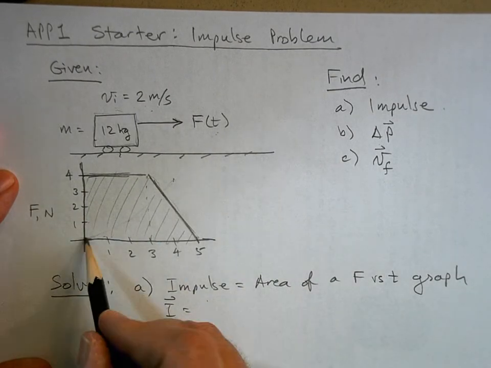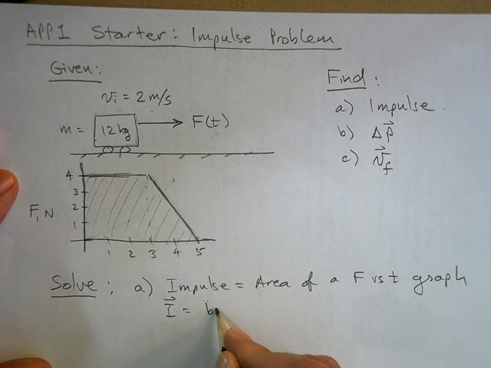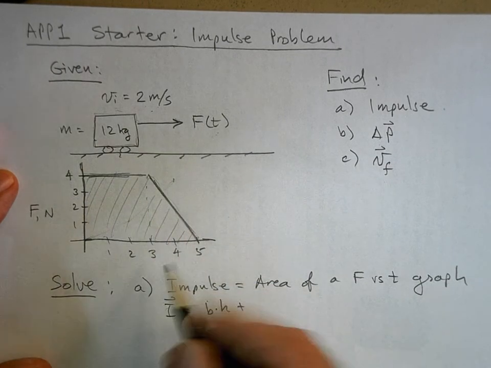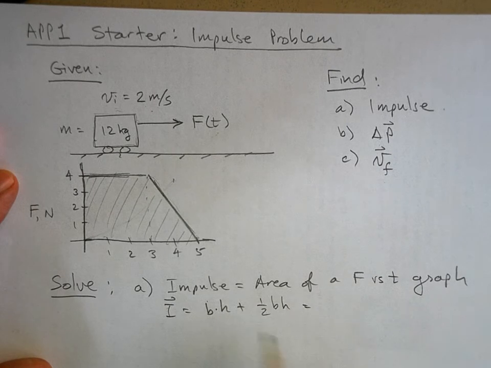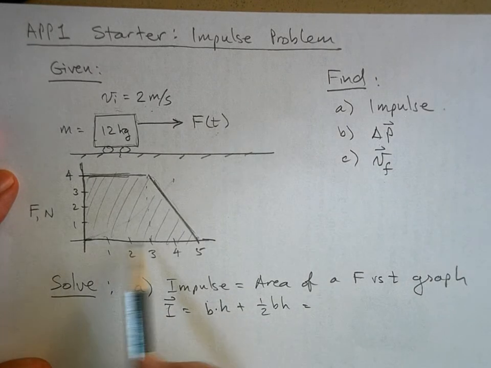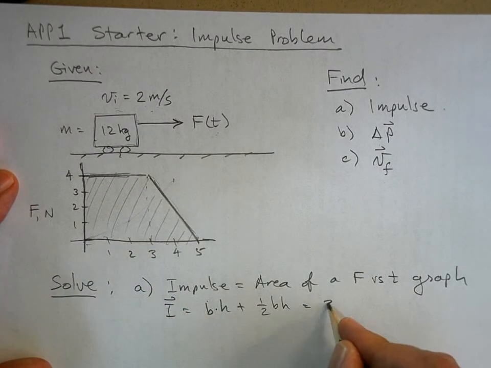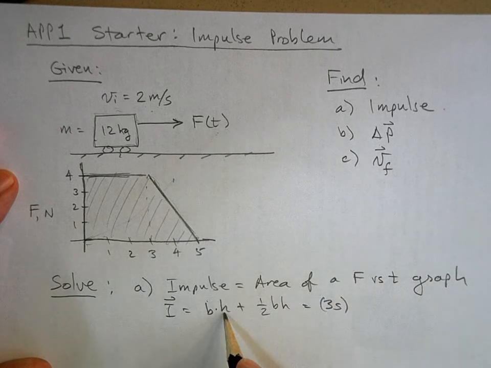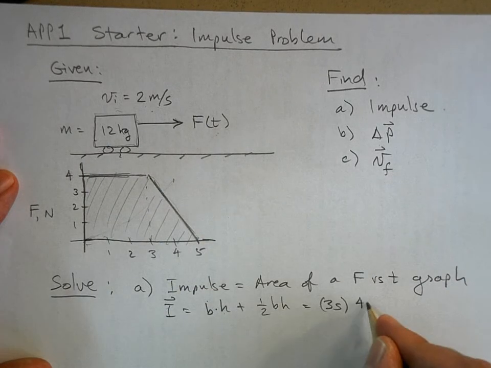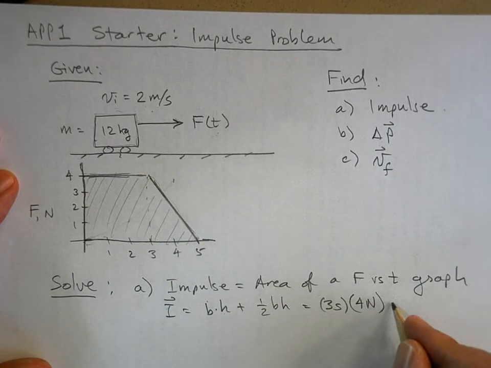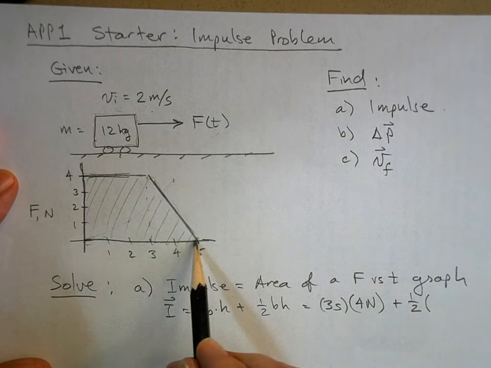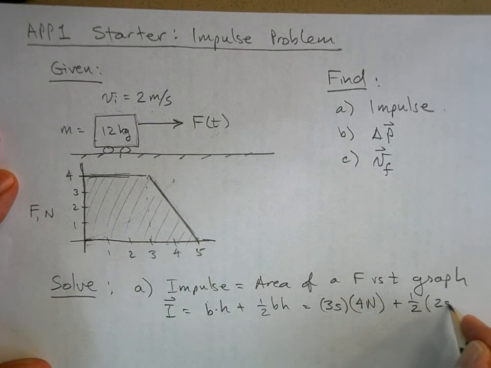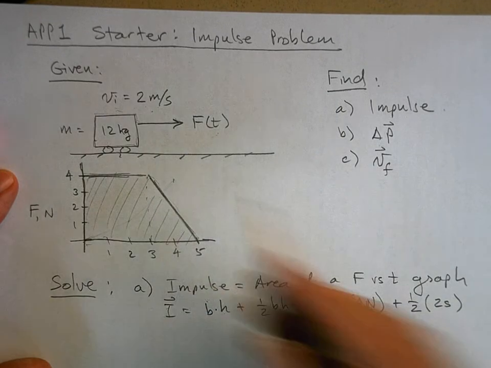Well, I've got a rectangle, so I'll just go base times height plus a triangle, 1/2 the base of that triangle times the height. So the base of this is 3 seconds, and the height is 4 newtons, plus 1/2, well, the base of the triangle is 2 seconds, and the height is 4 newtons.